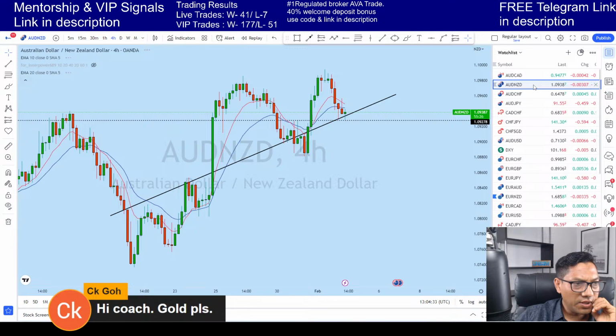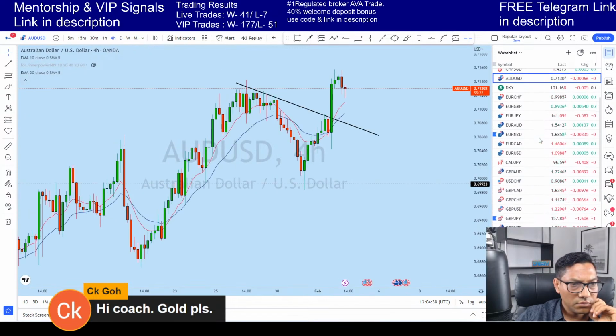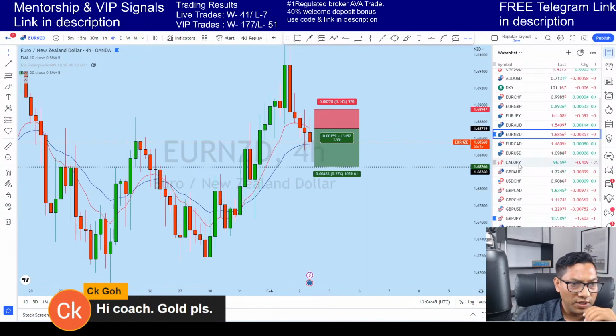So let's look at some other instruments while they are loading. Okay, Euro NZD, also you had a trade but we closed it, which is also moving in the direction.